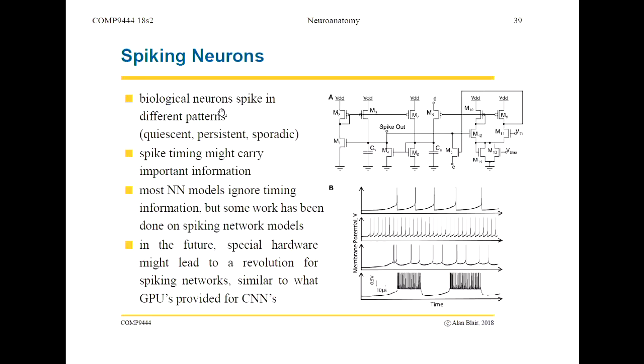And this last slide is just mentioning something that may be interesting in the future. Real neurons have this sort of spiky pattern. The voltage builds up and a signal goes along the axon. If you monitor these things, you may see a regular pattern.